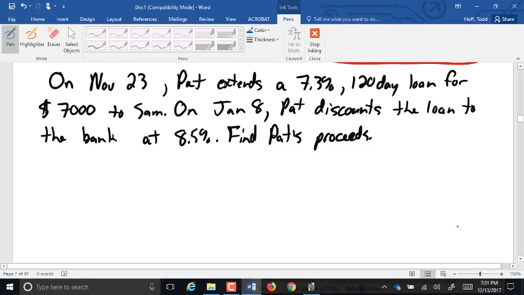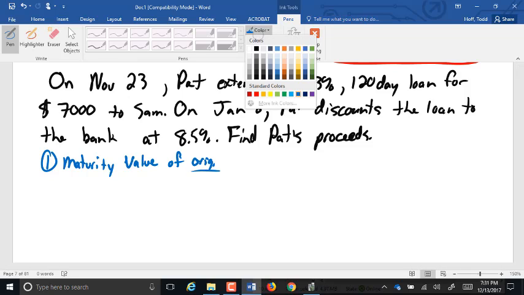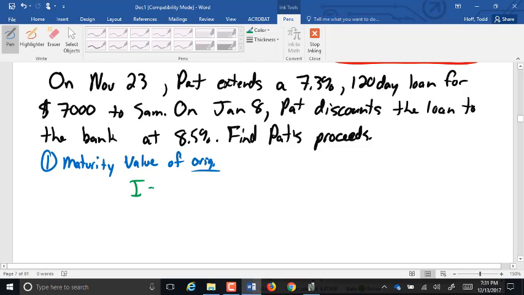So this is discounting a note. Step 1 is the maturity value of the original note. So to do that, we have to find the interest, which is going to be on the $7,000 principal. What rate? 7.3%, so 0.073 for 120, the full amount.